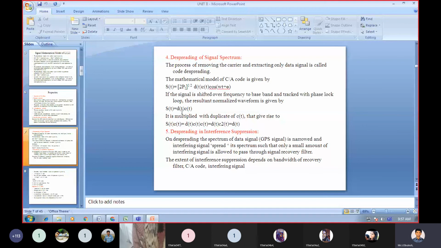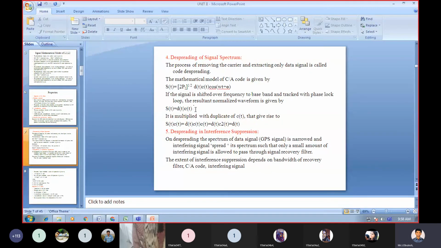This d of t is the data stream, and c of t is the pseudo random noise code for the C/A code. It is multiplied with a duplicate of c of t, giving S of t into c of t is equal to d of t c of t into c of t.